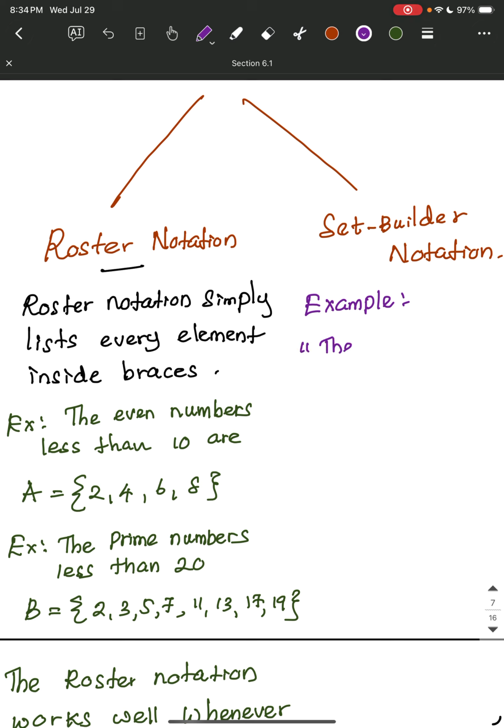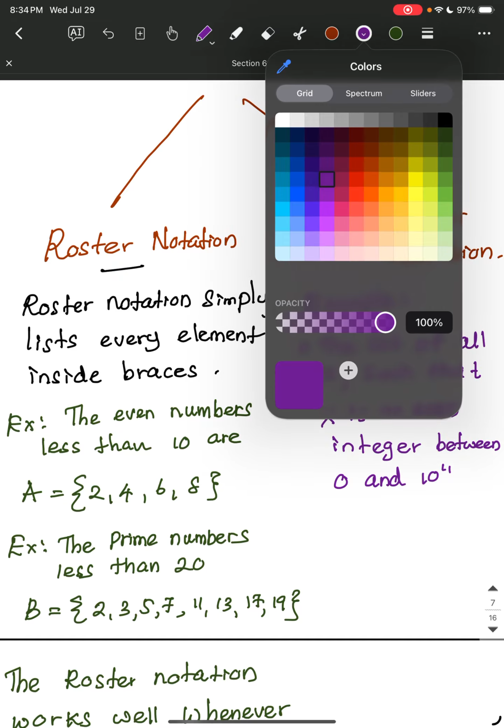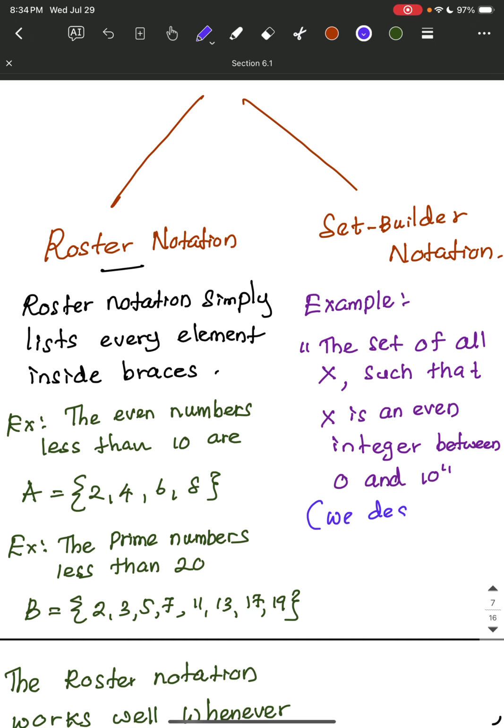So it usually describes the rule. So here we describe a rule.